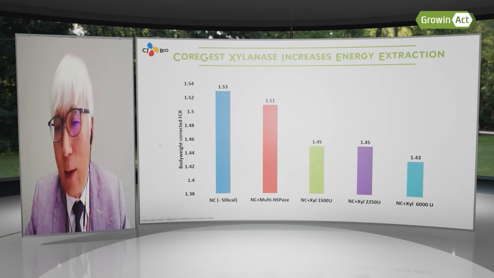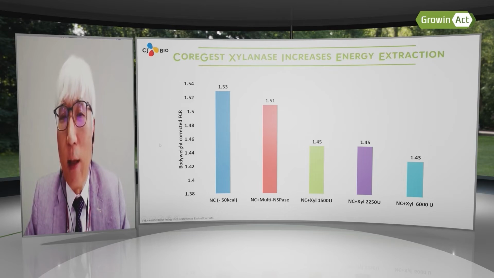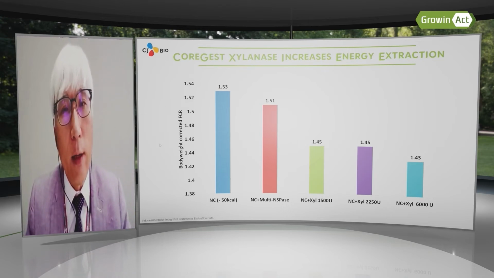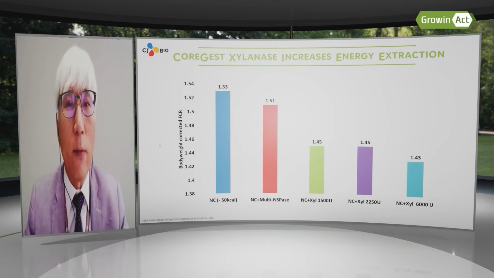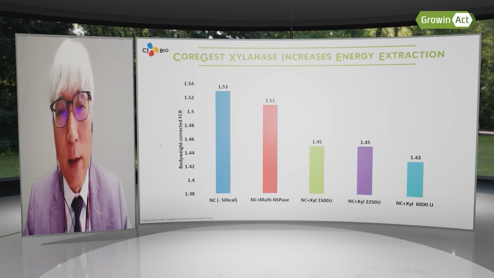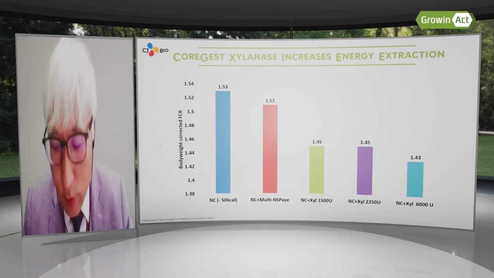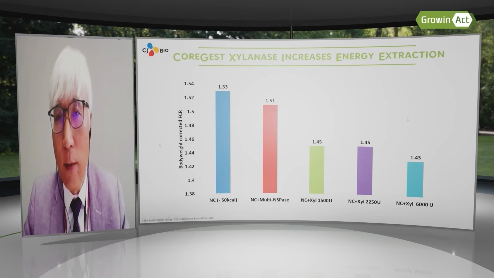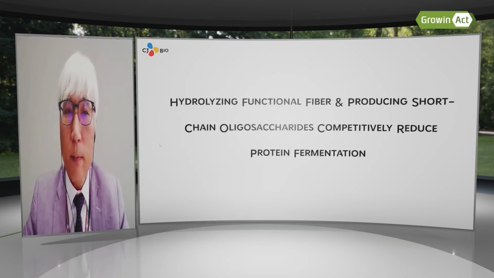Imagine that if you actually applied the 100 kcal matrix here, it could very well maintain the performance with Corigest xylanase, and you could save around $5 to $10 per metric ton of feed. So this is one of the strategies you can implement in your formulation by using the right source of xylanase and applying the right amount of energy matrix. You can have a tremendous opportunity to reduce diet cost in daily feed mill operation.